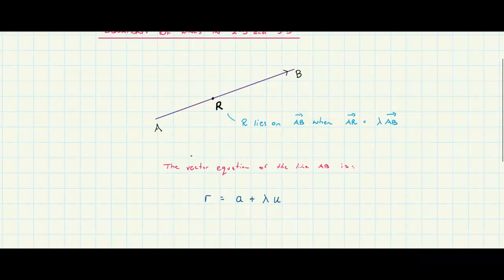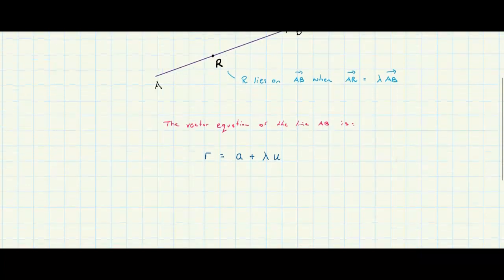So if we just pull out each of these elements, R is the position vector for point R. And that point R is going to be xy.